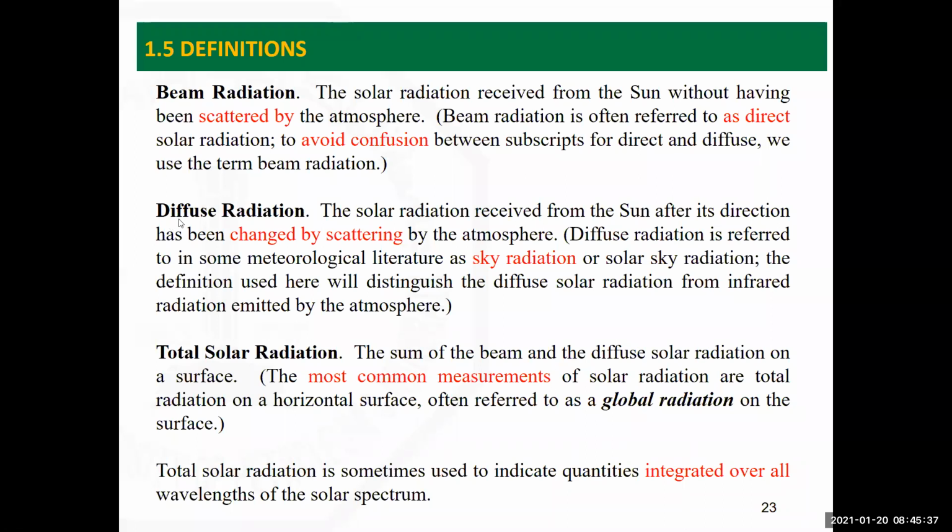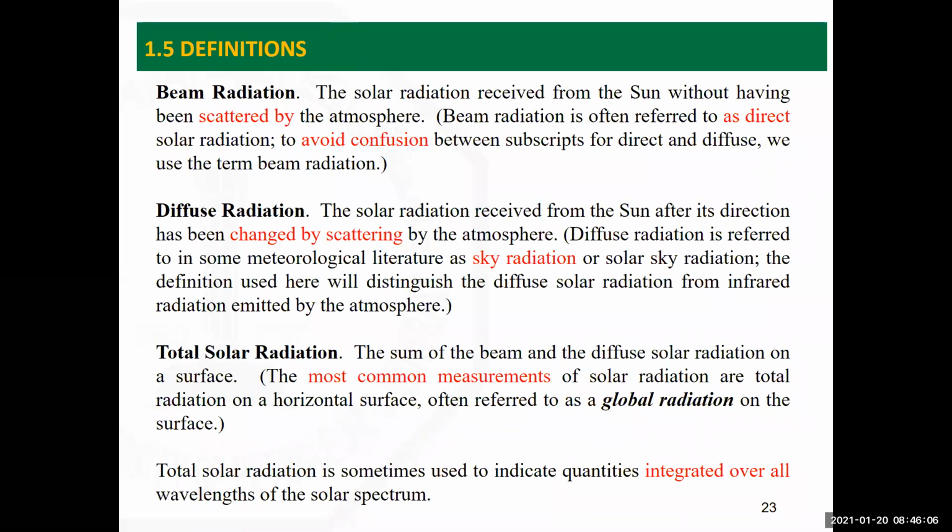The diffuse radiation here is the solar radiation which is received from the sun after being redirected or scattered by the atmosphere. The atmosphere here includes particles suspended in the atmosphere, as well as the clouds. The total solar radiation falling onto a certain surface on the ground or above the ground, or within the atmosphere, is a combination of those.